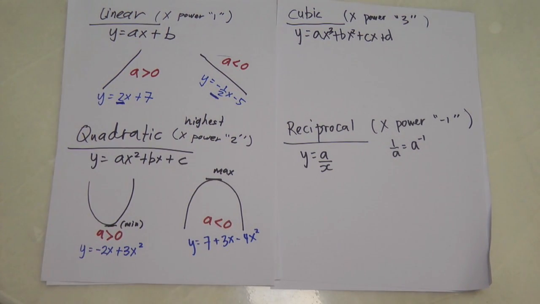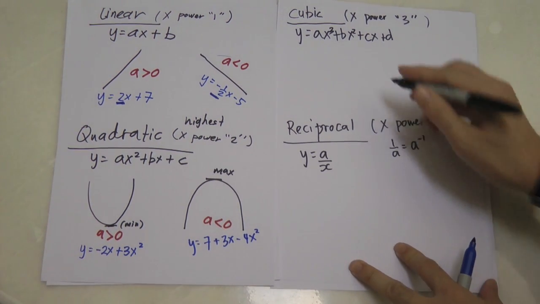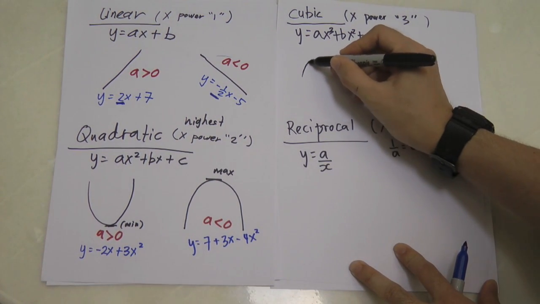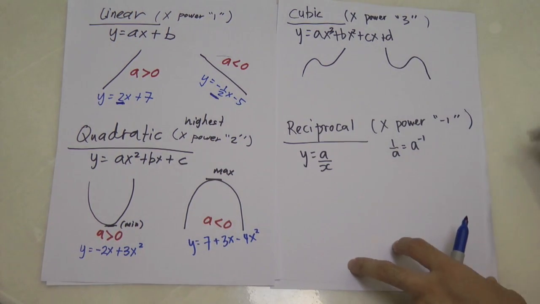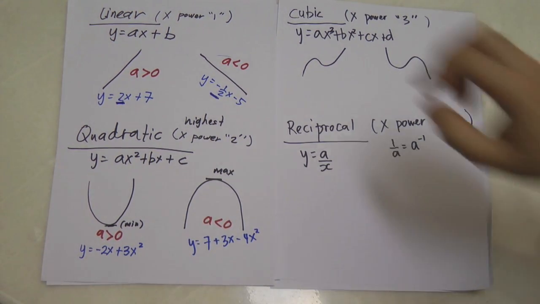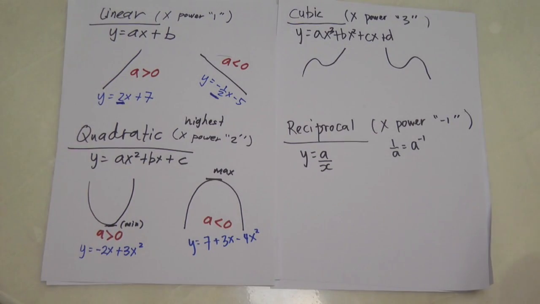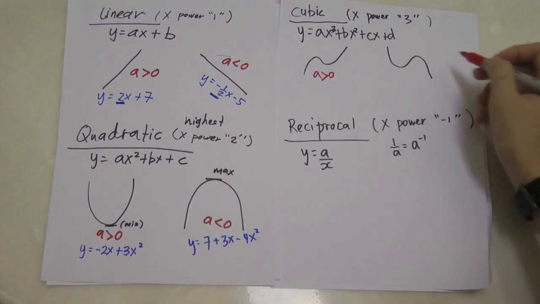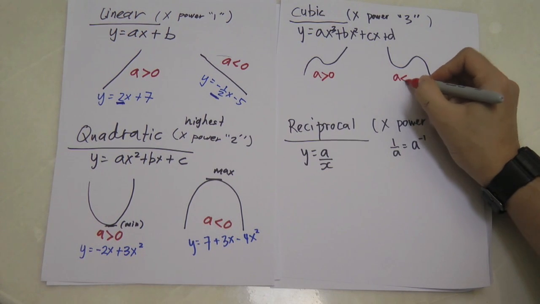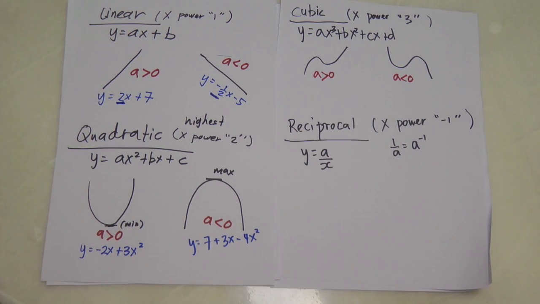Alright, and the next one will be the cubic graph. For a cubic graph, when A is bigger than 0, your graph will look like this. When A is less than 0, your graph will look like this. Please remember this. When A is bigger than 0, the graph is positive. This one we call a negative graph.